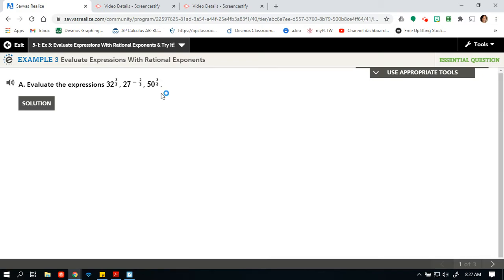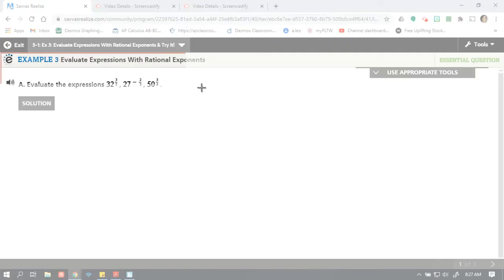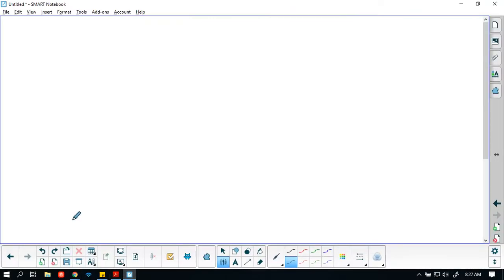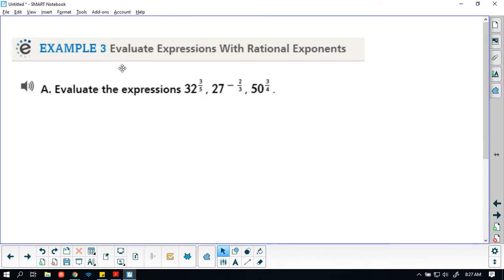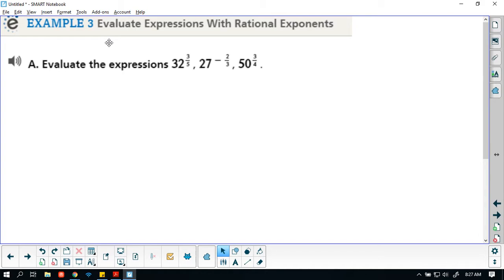So this does rely on previous knowledge of exponentials. Okay, so let's start with 32 to the 3/5.